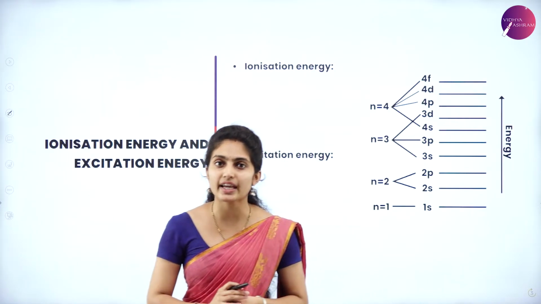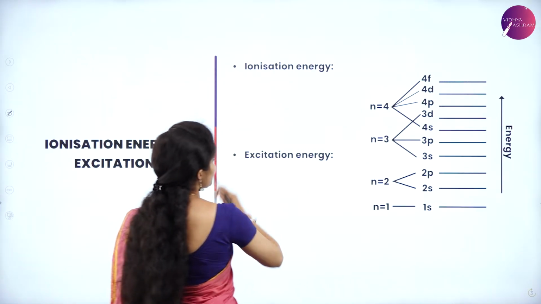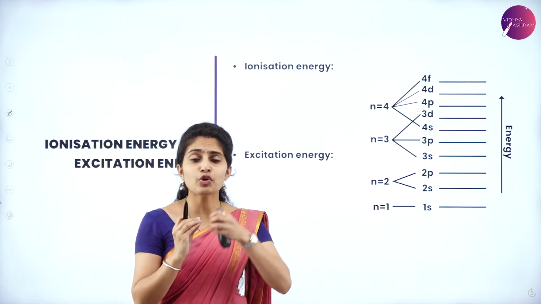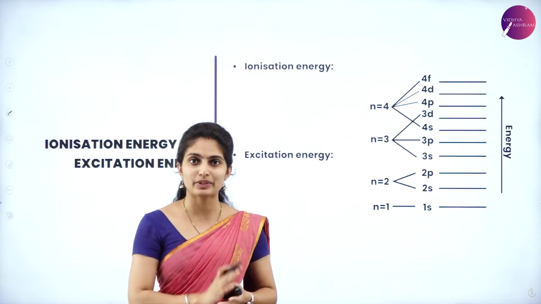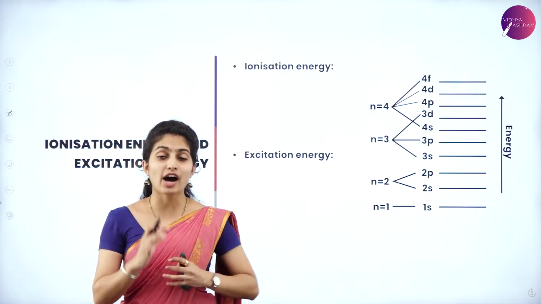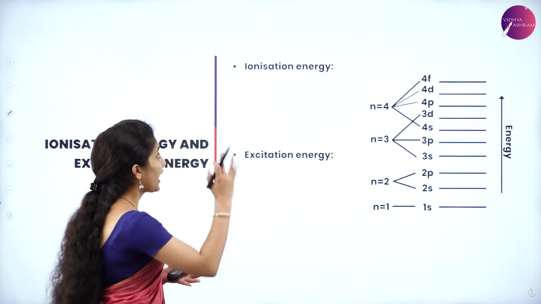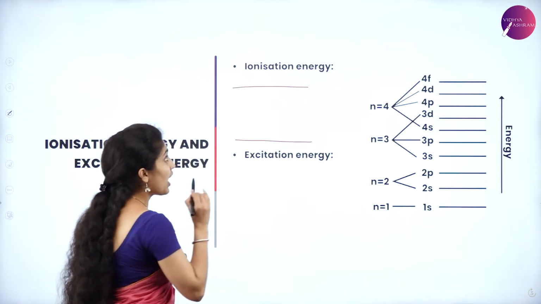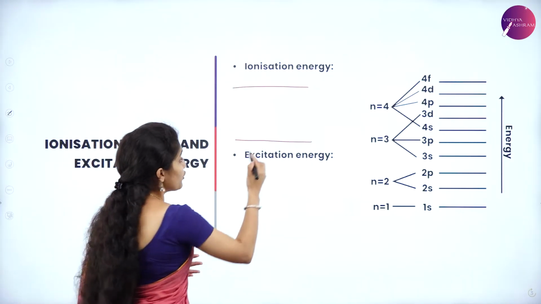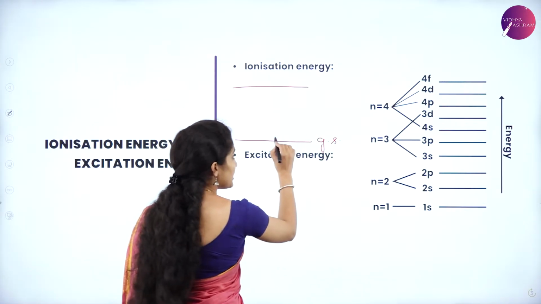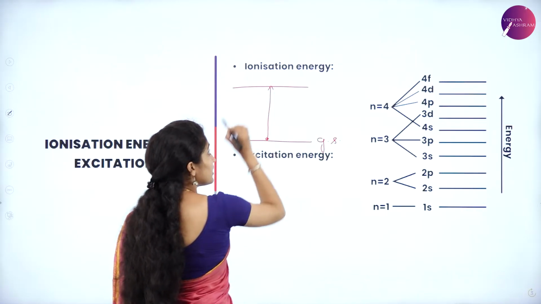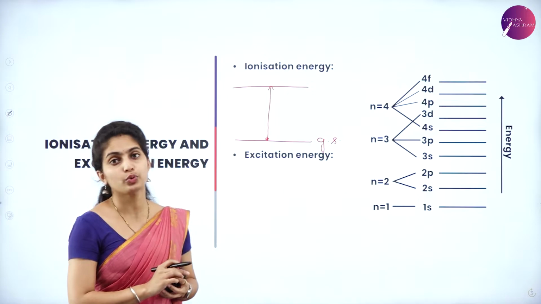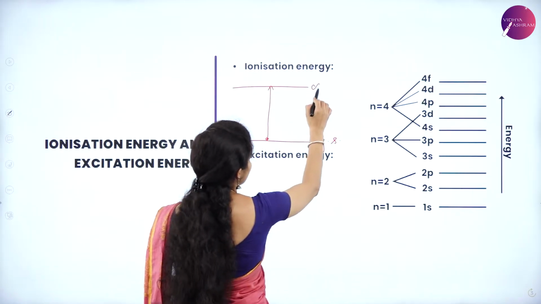So what is meant by ionization energy? Ionization energy means the minimum energy which is required to remove the electron from its orbit. How will you define ionization energy? Ionization energy is the minimum energy which is required to remove the electron from the ground state of an atom to the higher energy level, which is at an infinite distance from the nucleus. That is the infinity symbol. So the minimum energy required to remove the electron from the ground state of an atom to infinite distance from the nucleus is said to be ionization energy.